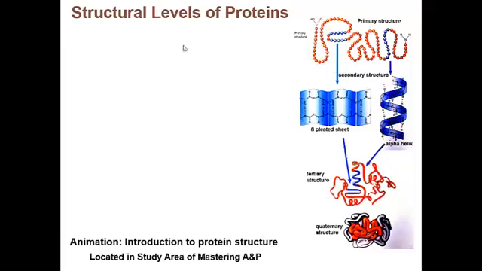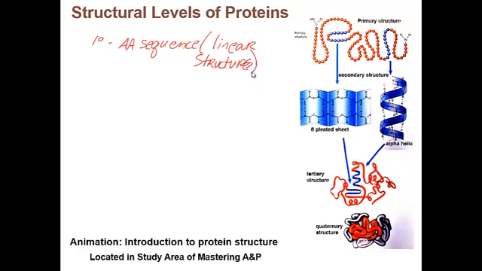And so that's what you see at the top of your slide. Primary just means the amino acid sequence. And in this case, it's actually simply a linear structure. So it's the simplest type of structural organization for a protein.